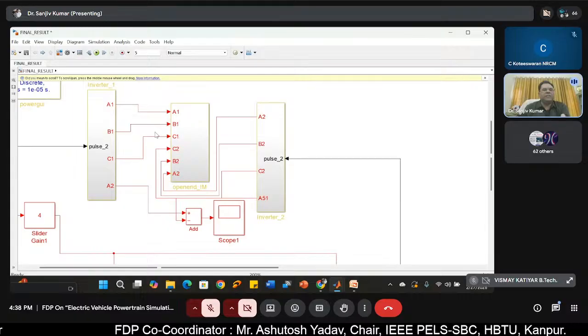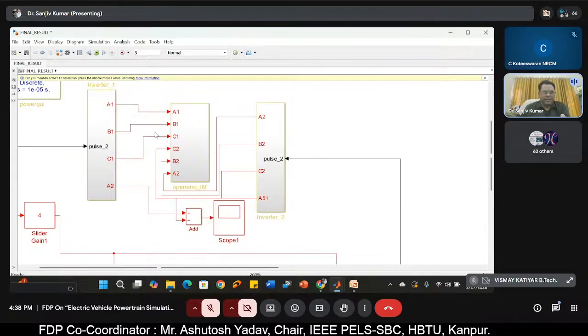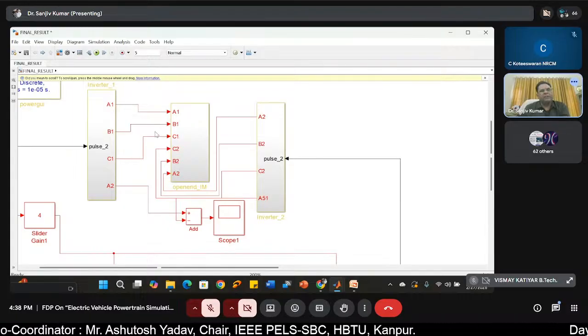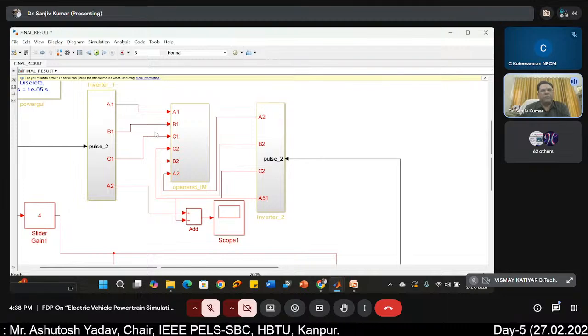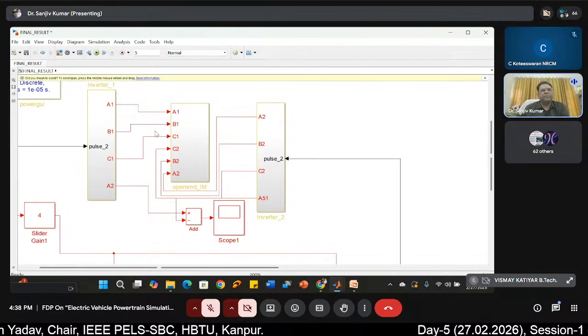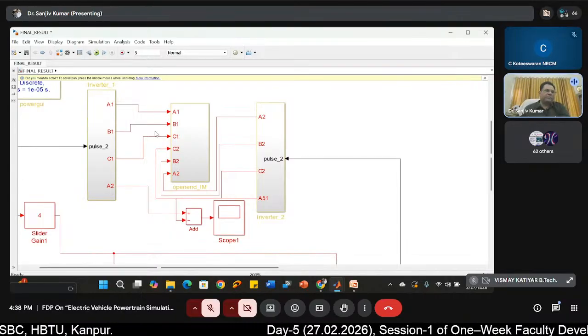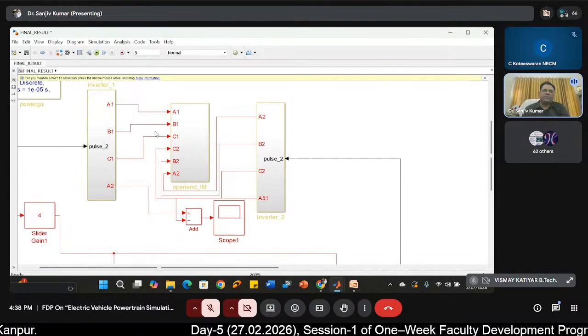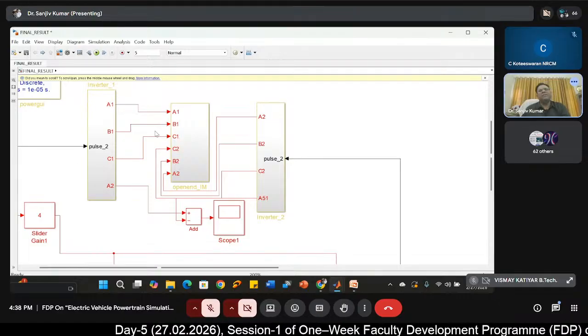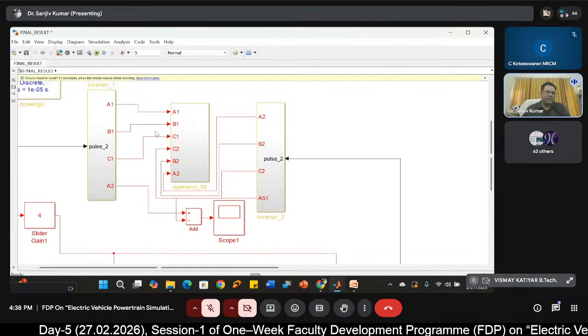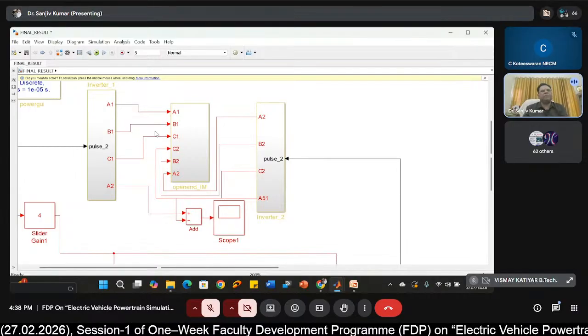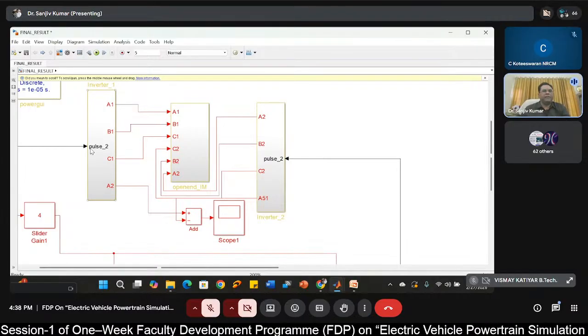If the logic is clear, then MATLAB is very, very simple. Otherwise, you will be in a trap. You just keep on doing something, and sometimes the result comes right and sometimes it is wrong. Then we say the result is not coming. So we will see how simple the inverter we have developed is.